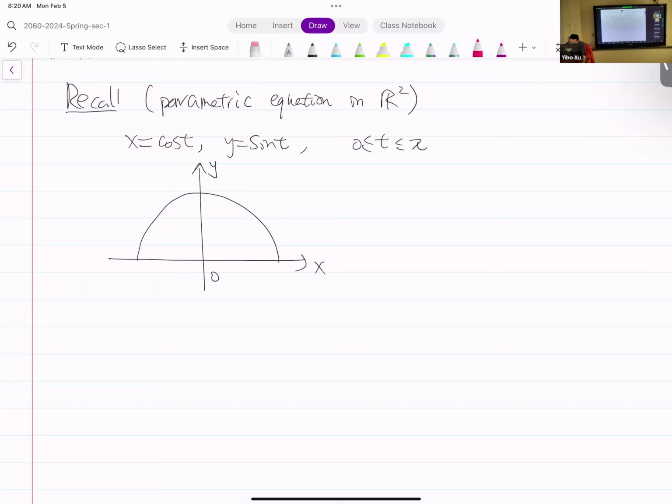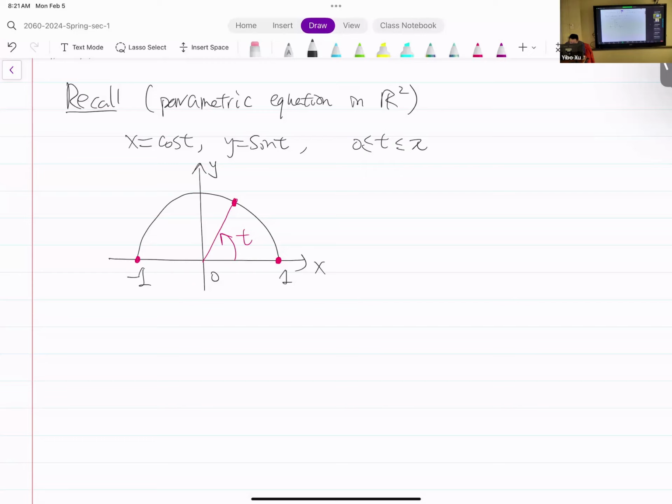So basically, here, when we have t equals 0, we're at this point. When we have t equals pi, we're at this point. And for whatever point that we have, let's say this is the rotation angle t, and our radius of the semicircle is 1, right?